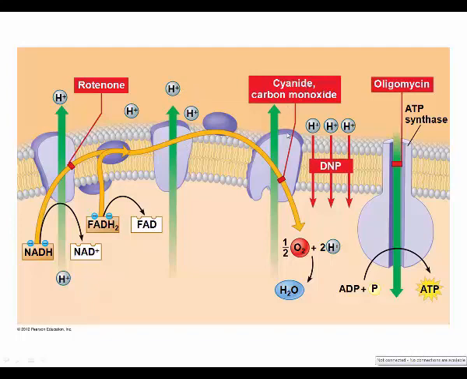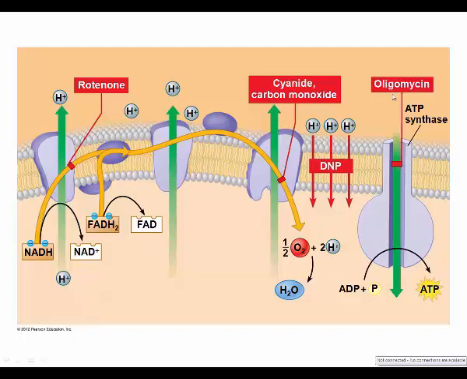Same with cyanide and carbon monoxide. They prevent the export of this electron from the last molecule of the chain to oxygen. And so what happens is we get this buildup of H+, a lack of flow of H+ from the intermembrane space to ATP synthase, and every cell needs a constant supply of ATP, or everything shuts down, and that's lethal.